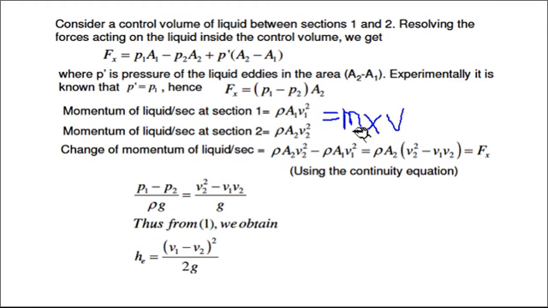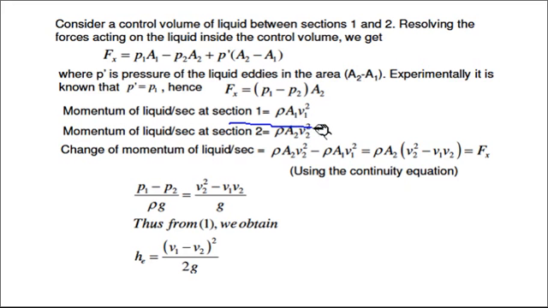Now mass, as discussed in unit number 3, for the flowing fluid is given by rho into A into V. You have to remember this. The mass of the flowing fluid is given by rho A V. Now we are applying that at section 1. Therefore, our equation becomes rho into A1 into V1 into velocity, which becomes rho A1 V1 square.